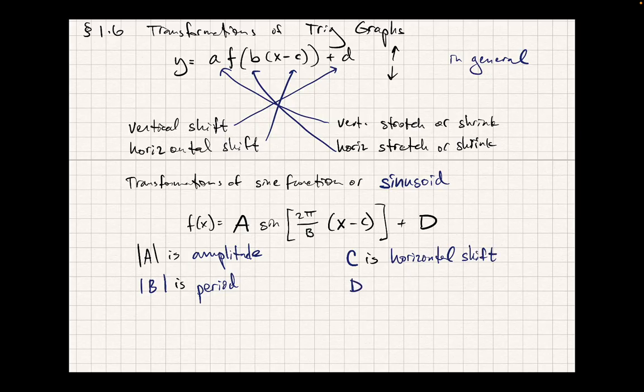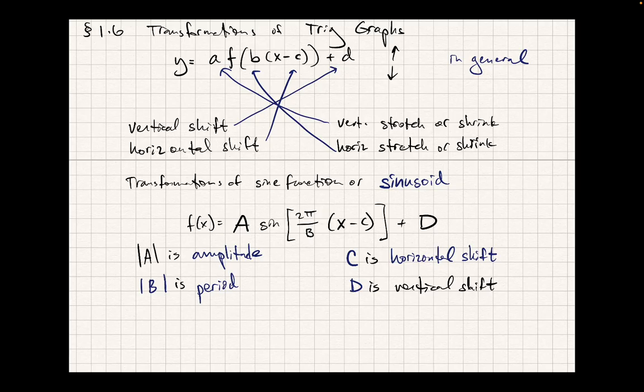And D is what? Is vertical shift. And that way I don't have to convert anything. I just get the period B out of it for free.